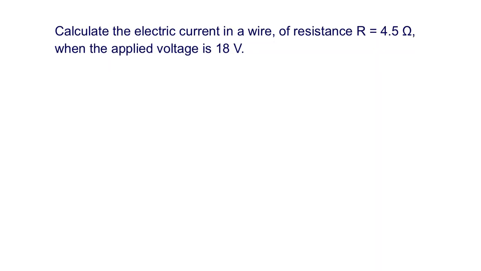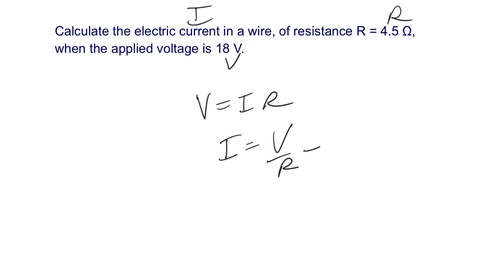These are exceedingly easy. Calculate the current in a wire with a resistance of 4.5 ohms, where the potential difference across the wire is 18 volts. V equals IR. I'm looking for the current. So 18 divided by 4.5 is equal to 4 amps.